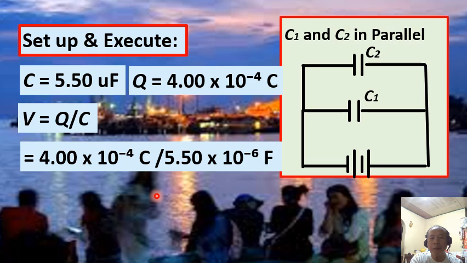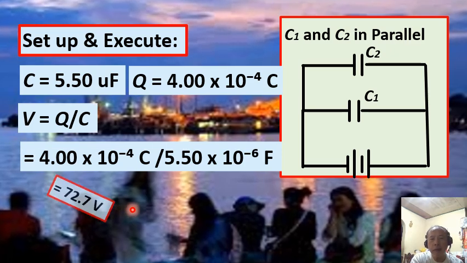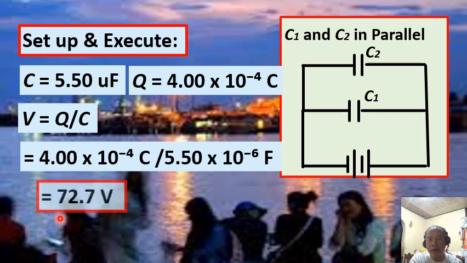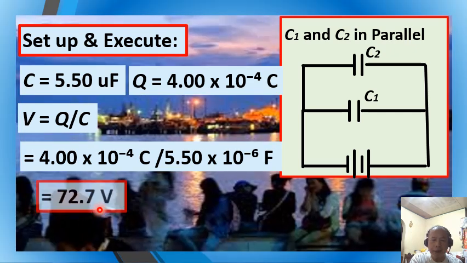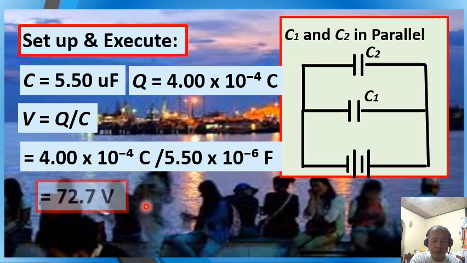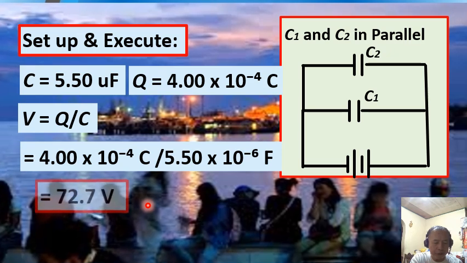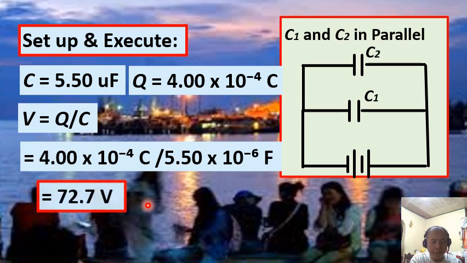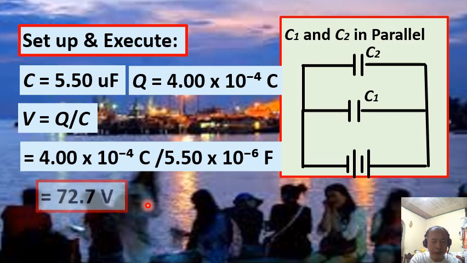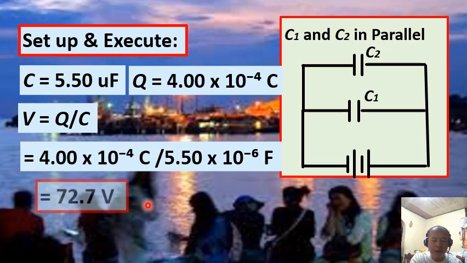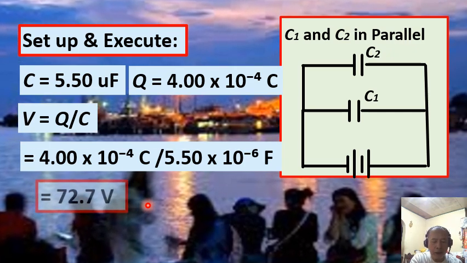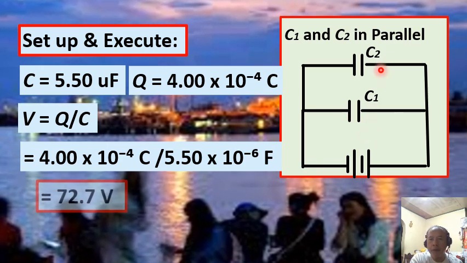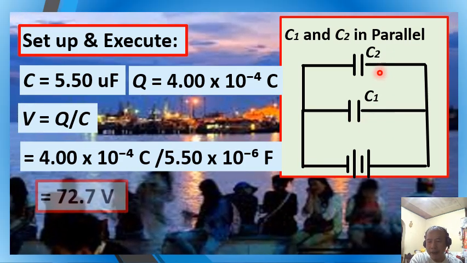So again, when we do our math, we get the value of the total voltage equal to 72.7 volts rounded to 3 significant figures. So that is the total potential difference for the parallel connection of the two capacitors.